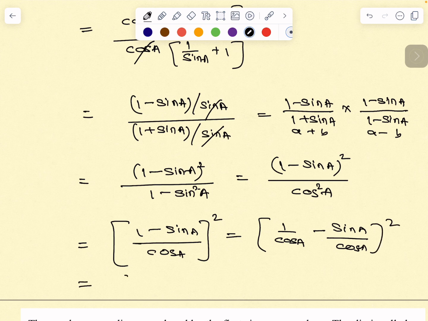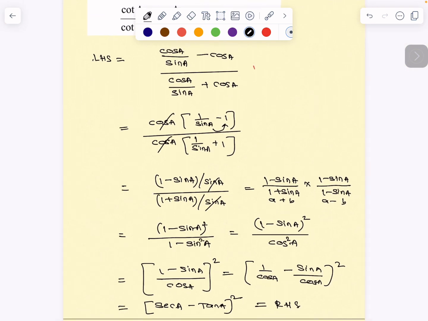So 1 by cos a we can write as sec a, and sin a by cos a we can write as tan a. So (sec a minus tan a) whole square. So this is equal to RHS. So your LHS value is equal to RHS.